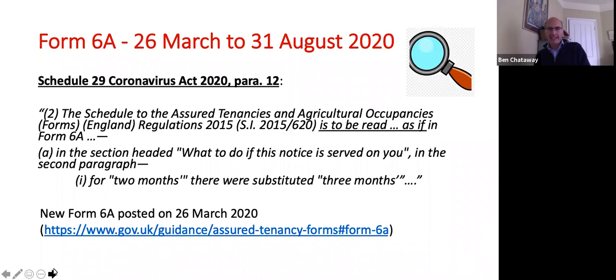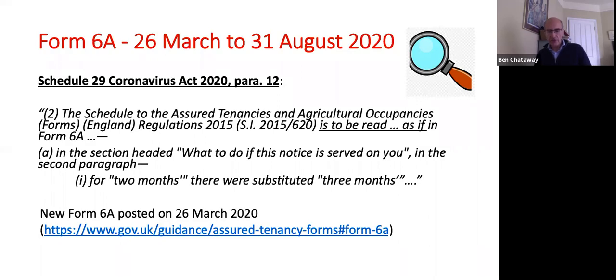What the Act did was say that the regulations that specify the form of the 6A, the usual Section 21 notice, should be read as if the form set out in the schedule referred not to 2 months, but to 3 months.